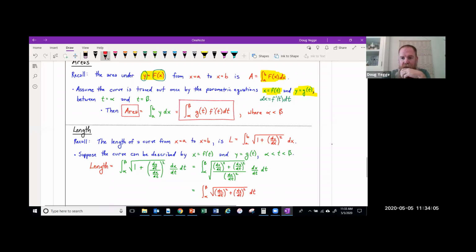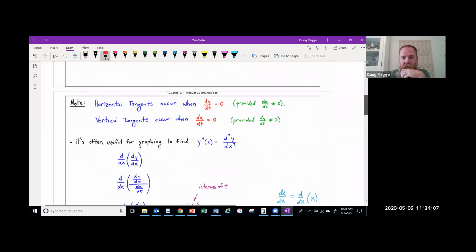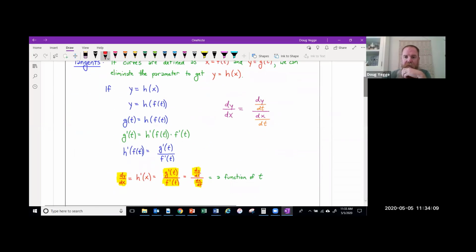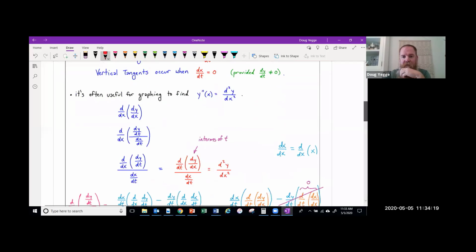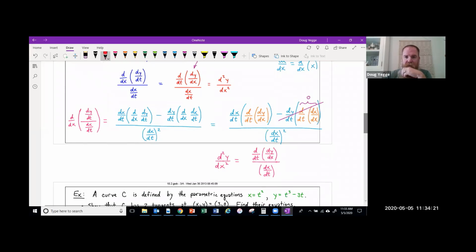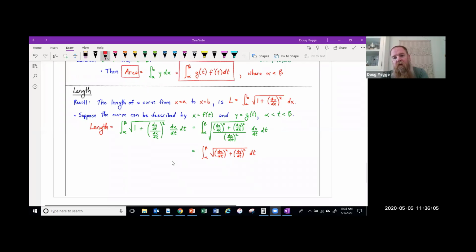We're able to compute the derivative of a function by simply applying this formula. We're able to find the second derivative of a function using this formula. Essentially, we're deriving all of these formulas, but once you have them, it's just a matter of applying them. All right, so let's take a look at arc length then.